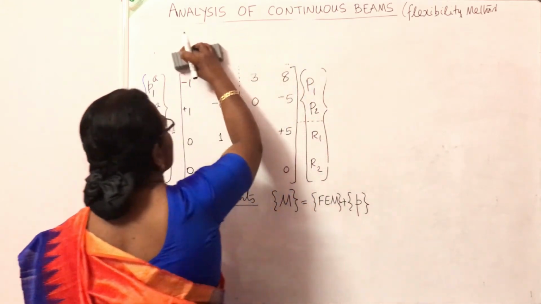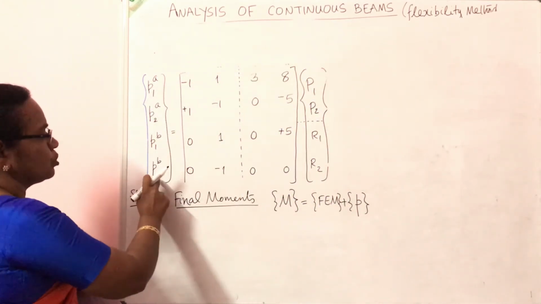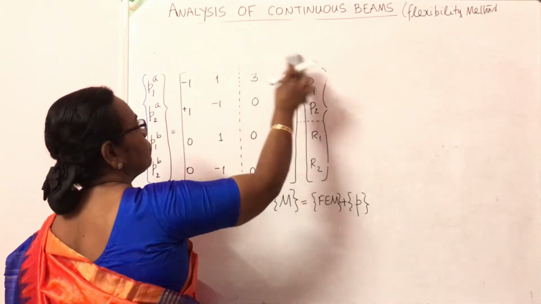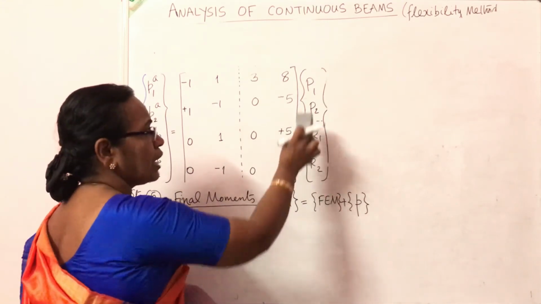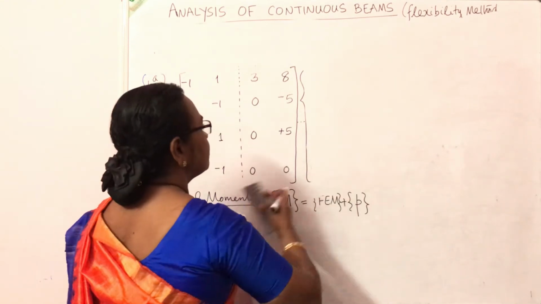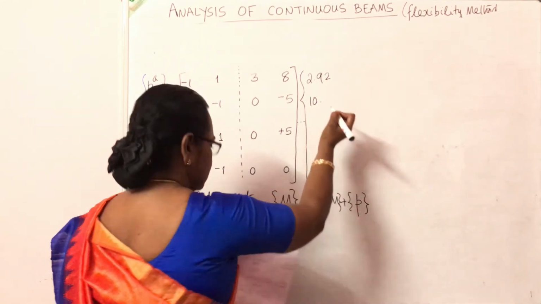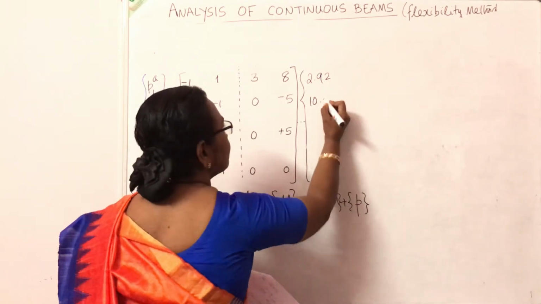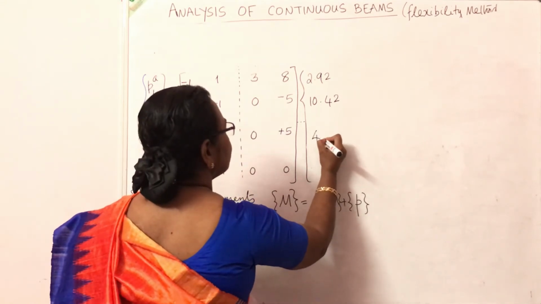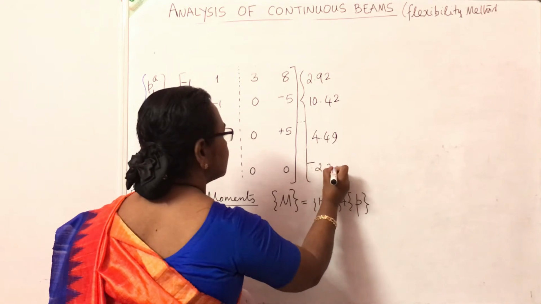So from the step 3, the element forces P1A, P2A, P1B, P2B can be calculated. These are the values obtained by substituting each of these unit values. Now we have actual values. What is the value of P1? P1 is 2.92. P2 is 10.42. R1 and R2 we got from the previous step, 4.49 and minus 2.35.